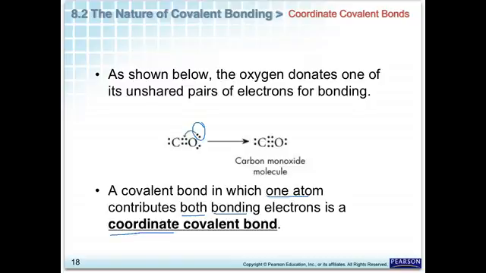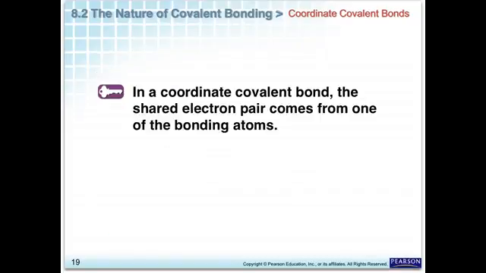So instead of carbon contributing 3 and oxygen contributing 3, carbon only contributed 2 of the electrons in this group, whereas oxygen contributed the rest. So in a coordinate covalent bond, one of the pairs comes from a single atom rather than shared.